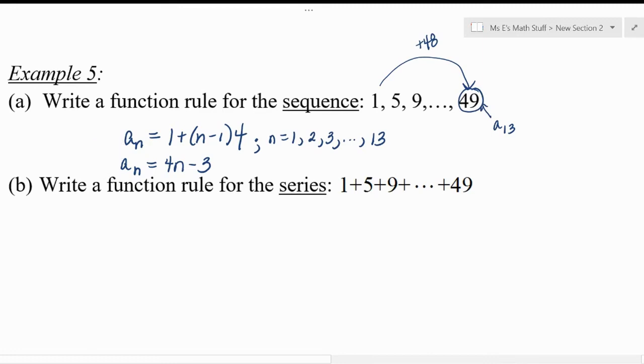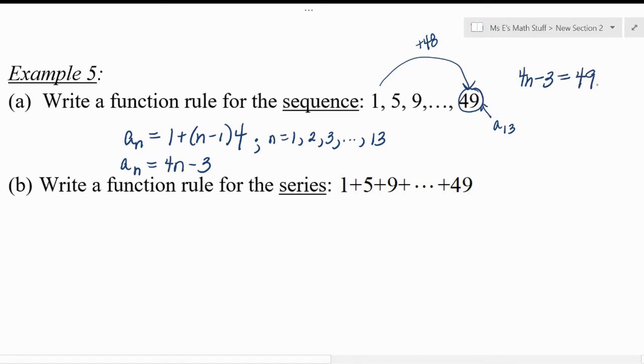Another way to figure out what term this is, once you've got the rule written, is to take 4n minus 3, or the way you've defined the rule, even the unsimplified version. I like the simplified one for this. Say when do I get 49 out?